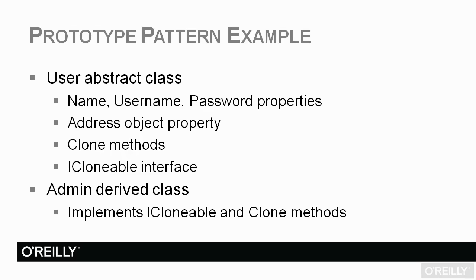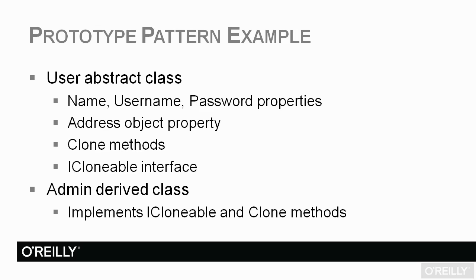So we have a user abstract class that has the name, username, and password properties. It also has some address object properties. Because we're going to make it a prototype, we're going to provide a Clone method, or two, depending upon the example. In actuality, you'll probably just have one Clone method. And that Clone method will be the implementation of the ICloneable interface.